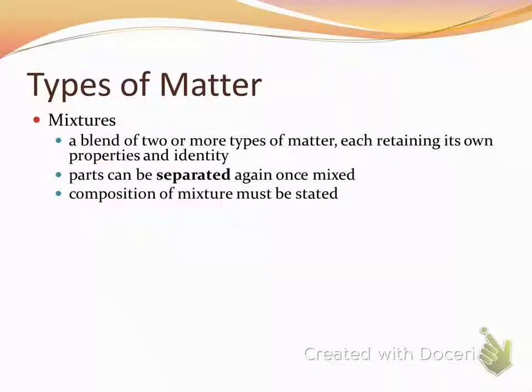Is it base? Is it salt water? We don't know. So a mixture has to be stated in its composition. An example of how we would say that is we'd say this is a saltwater mixture that's 95% water and 5% salt. That's just an example. You don't necessarily have to have that down in your notes. That's just an example of what we would look at with a mixture and how we would write that.